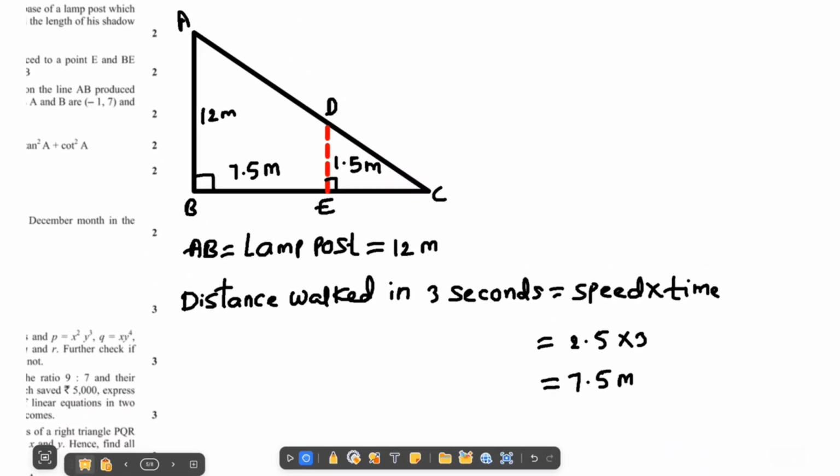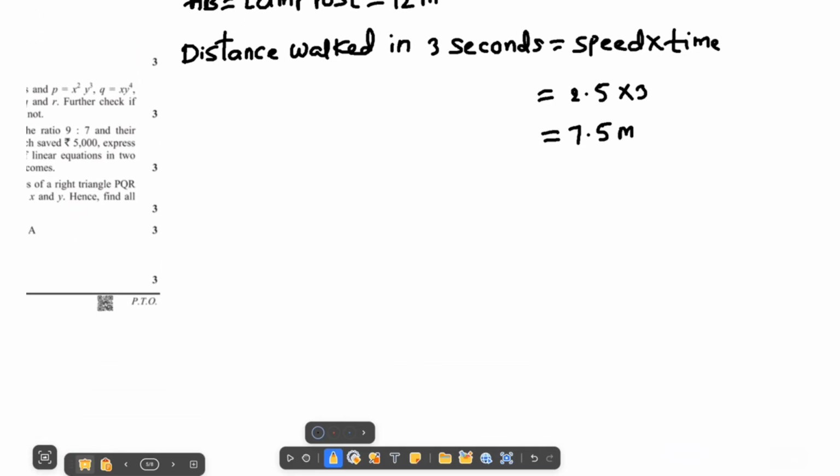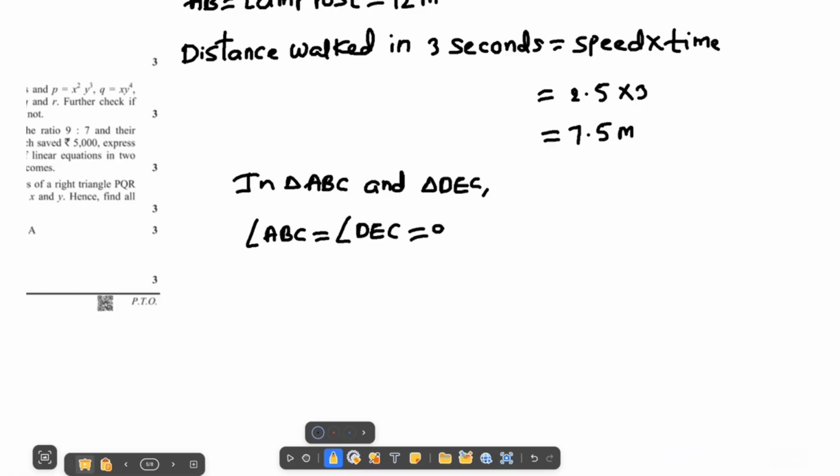So let's compare the triangle ABC, triangle DEC. In triangle ABC and in triangle DEC, angle ABC is equal to angle DEC because both are equal to 90 degrees.